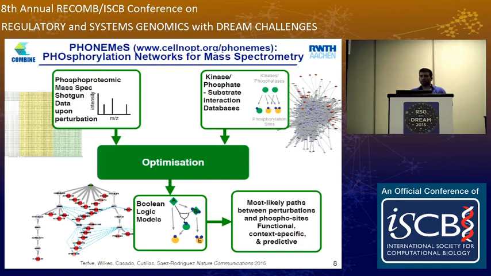They are context specific, in the sense that you have obtained them by adjusting them to experimental data obtained in a specific context. And we have also shown that they are predictive of what's going to happen in new nodes or in new sites. All this approach is implemented in a free open source tool that we call PHONEMeS, which stands for Phosphorylation Networks for Mass Spectrometry.